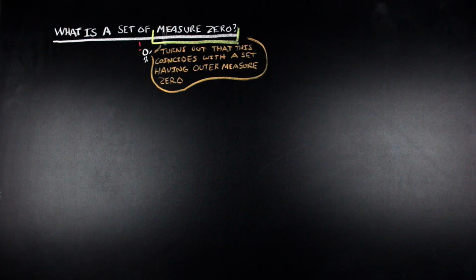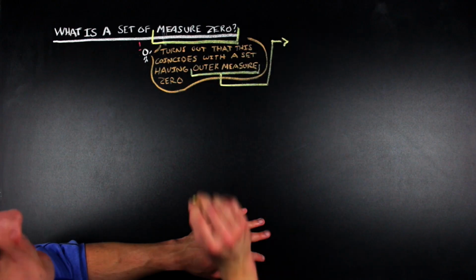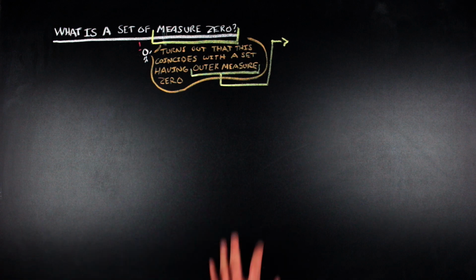So in order to define that, we need to define what an outer measure is, and we won't have to get into the weeds of talking about measures themselves.